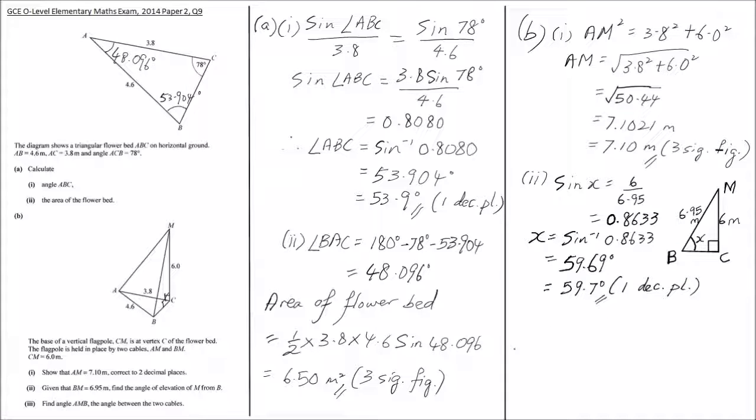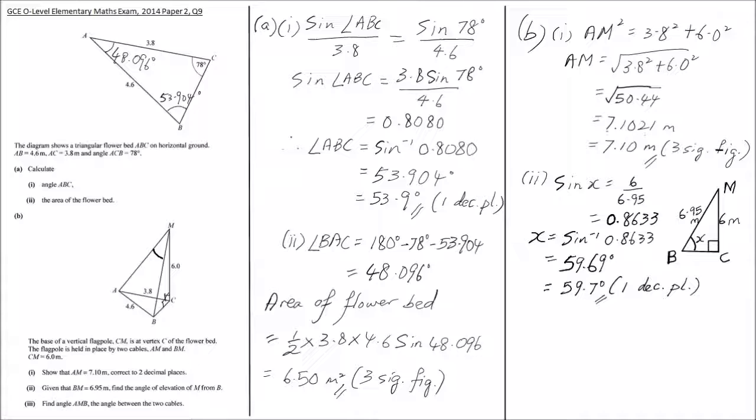Now for the final part, find the angle AMB, which is the angle between the two cables. So looking at this diagram, it is this angle here. So looking at the triangle ABM, we already found the length of AM from part 1.